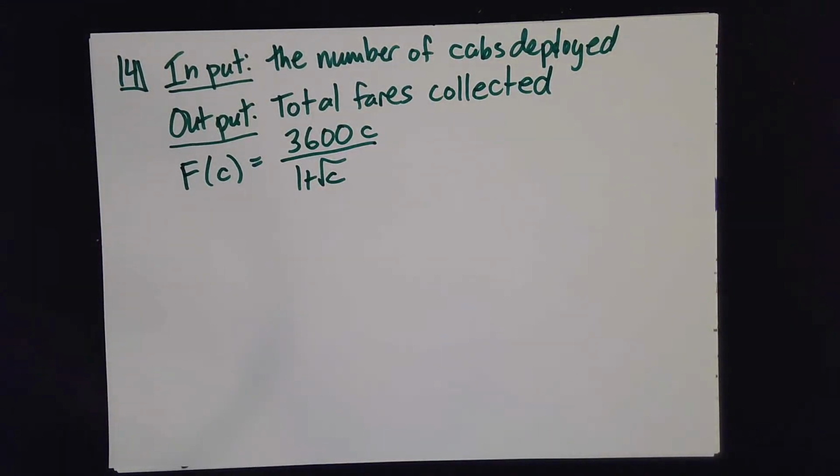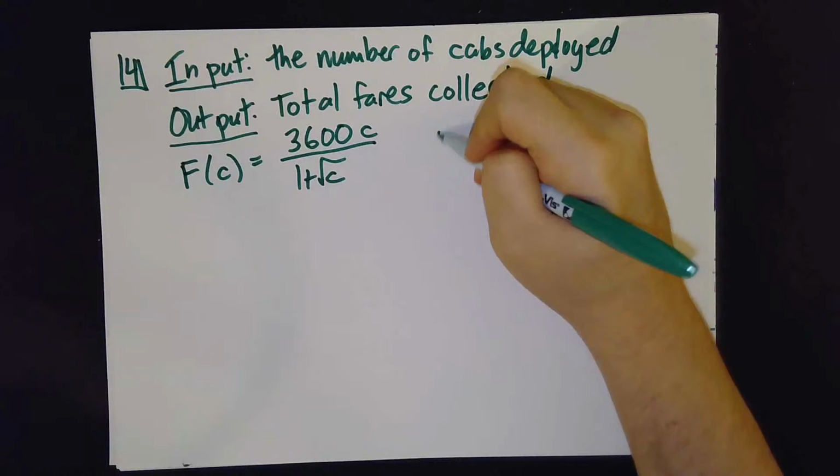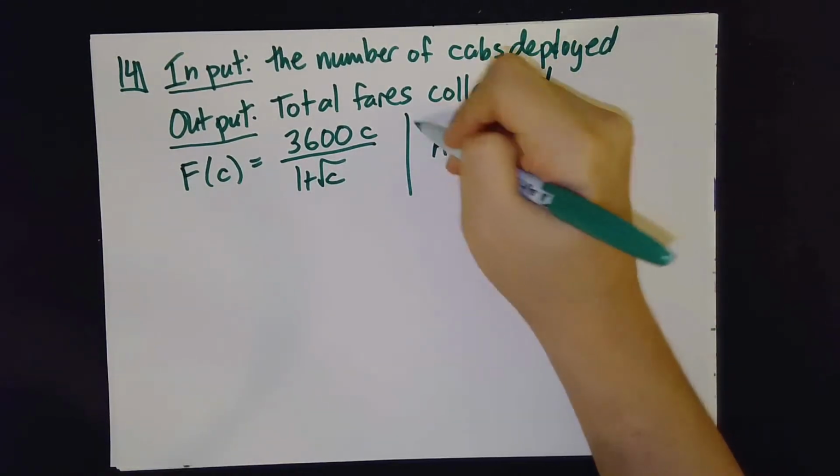So before we can really do anything, we have to first take the derivative here, because all the questions are about the derivative. So that's going to be a quotient rule question.